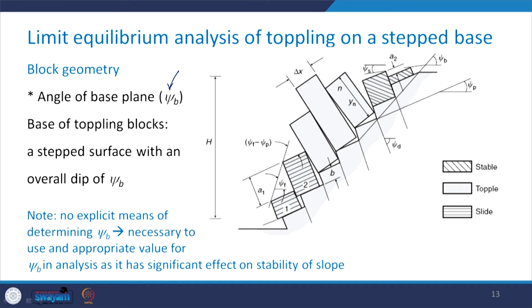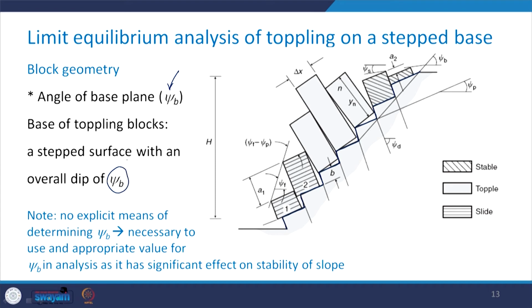You can see here in this figure that the base of these toppling blocks is a stepped surface. You can follow the way I am drawing and you can see that this is a stepped surface with an overall dip of psi b.